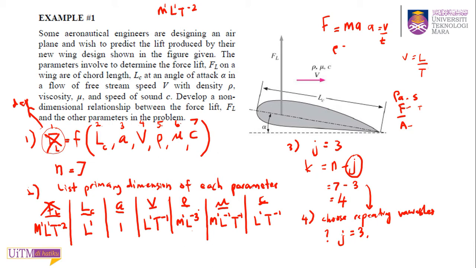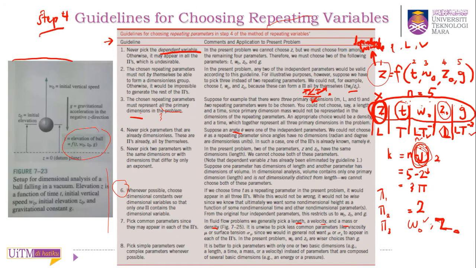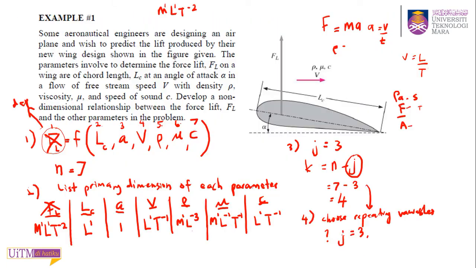It says here never pick the complex one. Choose the common parameters and don't choose the complex parameters. So we can throw away the mu because this is not very common. It's quite complex. So we can cancel out the mu.